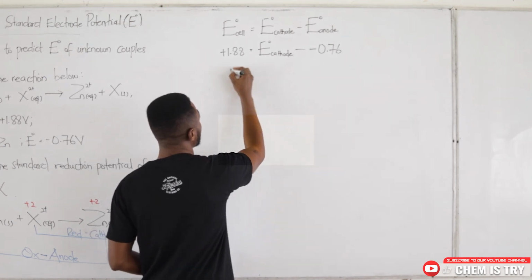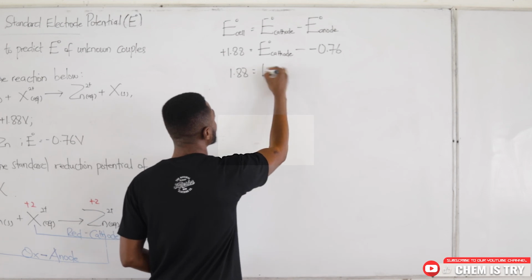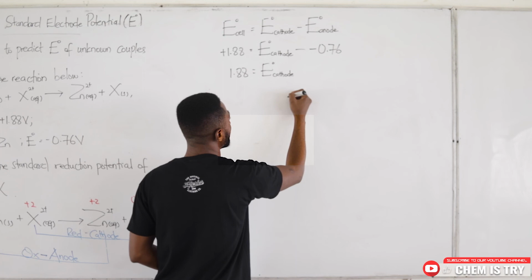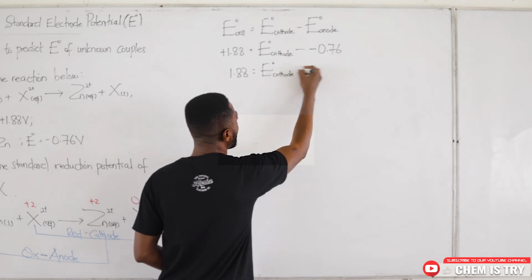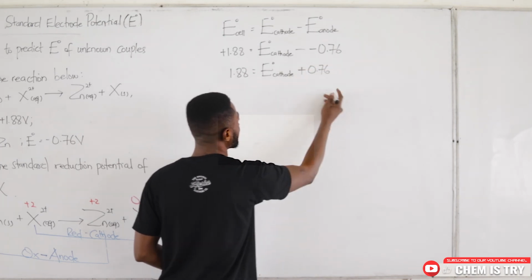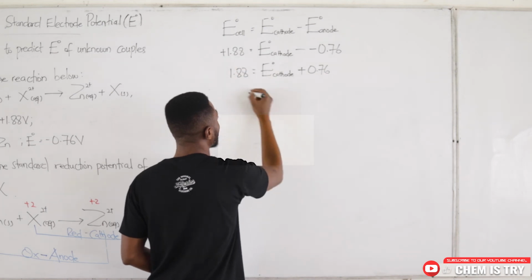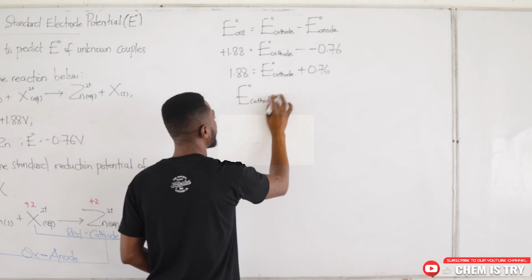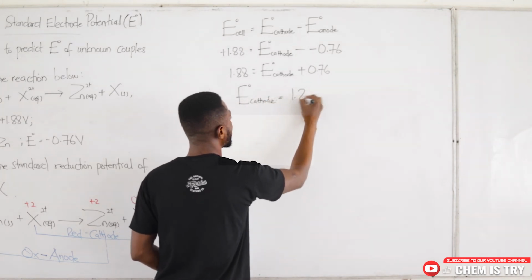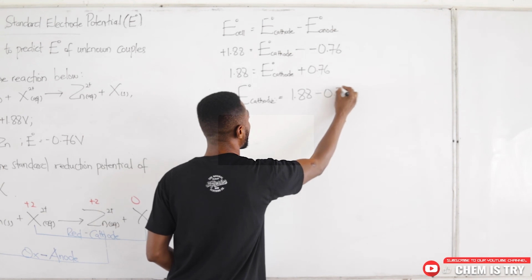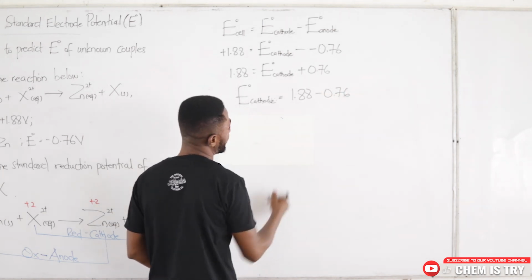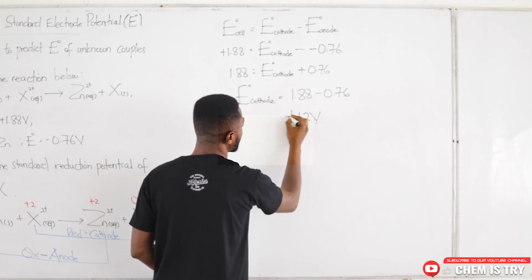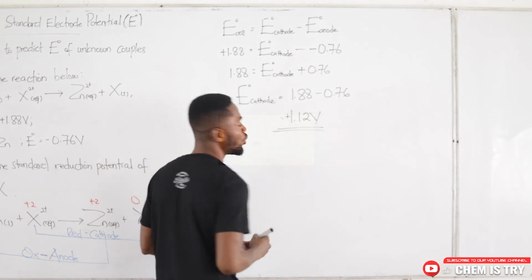So this becomes 1.88 is equal to the reduction potential value of the cathode plus 0.76. So we move this one here, then we get 1.88 minus 0.76. That will give us 1.12 volts, positive 1.12 volts.